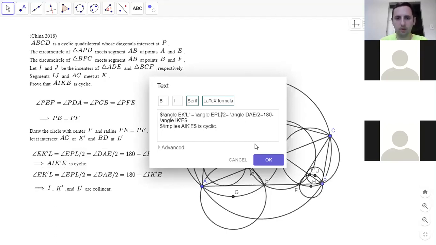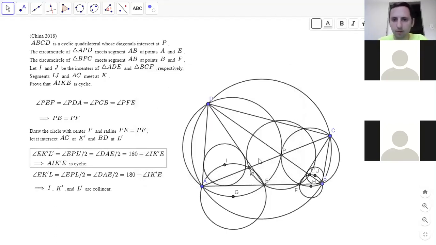So EK prime L prime is EPL prime over 2. That's DAE over 2, which is 180 minus IK prime E. And so then that's cyclic.